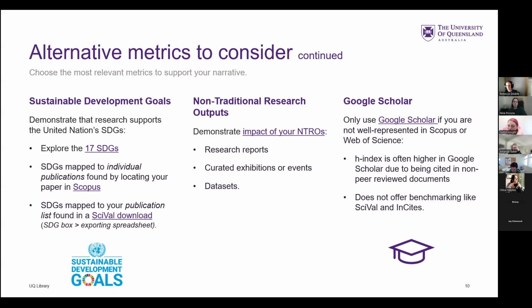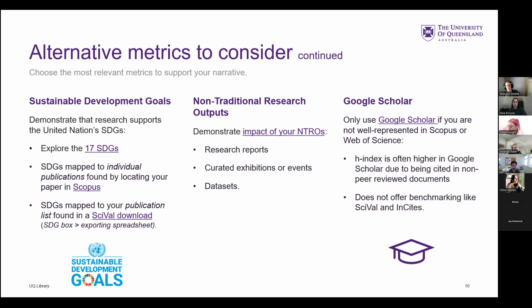You can track citations through something like Google Scholar, for example, but you can't rely on that evidence within the databases as much. So it's really important to track any evidence that you have that you've had engagement, whether that be with the general public, for example, through a curated event or exhibition. If you've got reviews that have come in online, that's something that you can use for that particular output type.